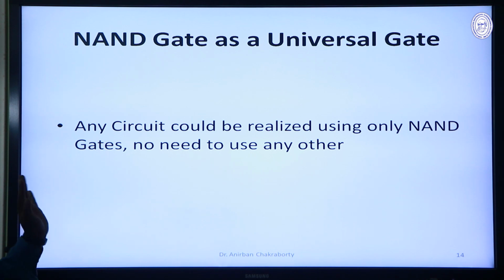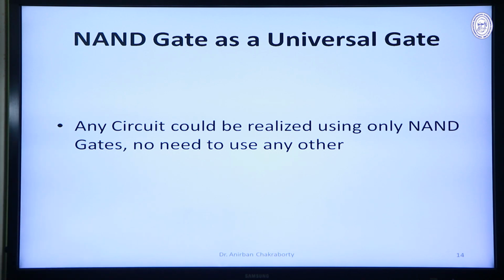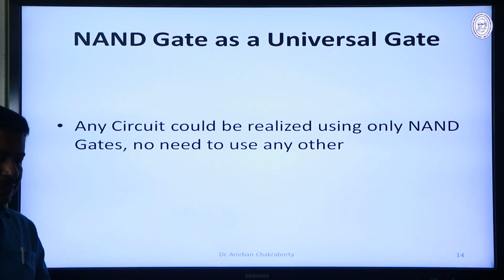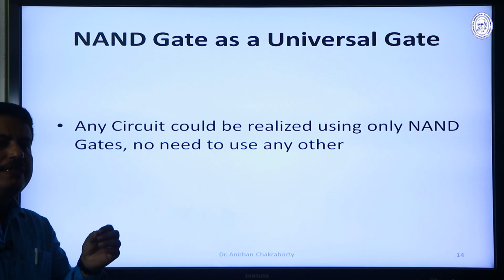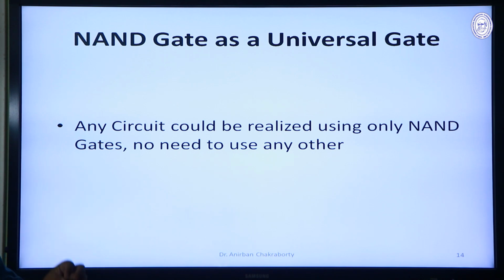I am not going into what they are, but at this point I can mention this much: suppose I want to purchase a two-input OR gate, I have to purchase the corresponding IC 7432. Now, what does it consist of? It consists of four 2-input OR gates.